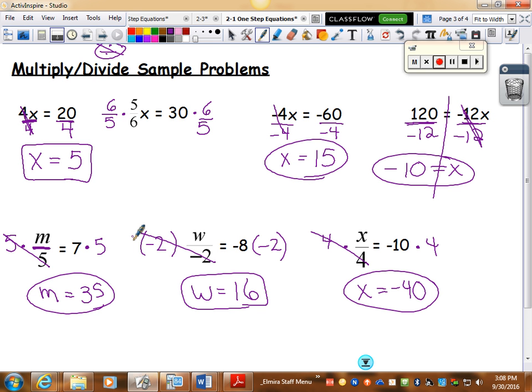It feels like it goes against what the other problems are, but this is a special case. 5 times 6 is 30, and 6 times 5 is 30. Basically, these two cancel each other out. And as far as 30 times 6/5, just type in 30 times 6, then the divide key, and 5. And you should get 36.